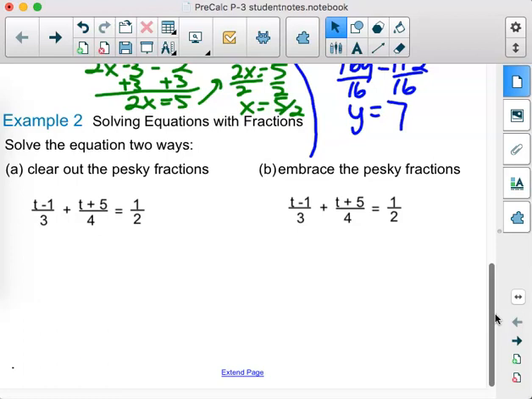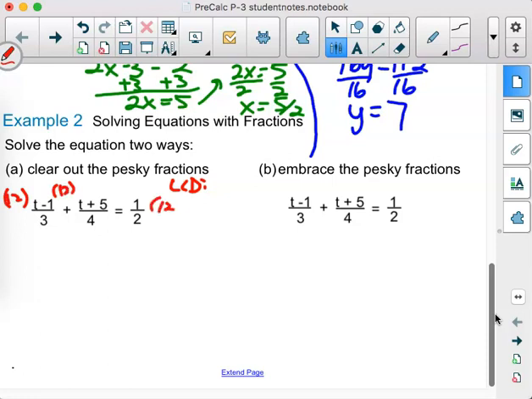So what we would want to do is say, let's clear out all the pesky fractions. The best way to do that is to find the LCD. So we look at 3, 4, and 2, and we discover the LCD would be 12. We multiply all three terms by 12.